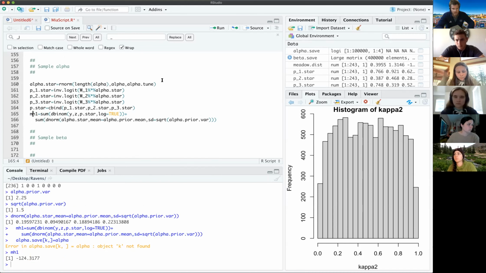Okay. That's the numerator in our Metropolis-Hastings ratio. We can get the denominator by deleting all the stars.